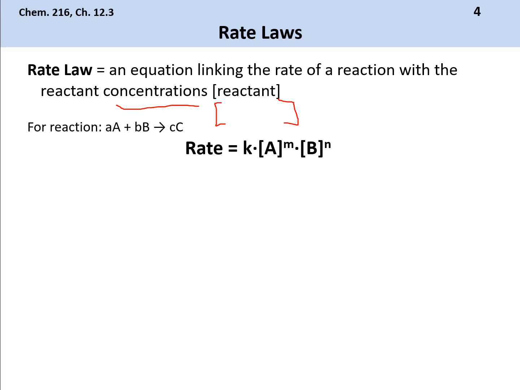If we have a reaction like aA plus bB going to cC, where these can be any compounds, we're just making it generic, the rate law looks like this: my rate of reaction is equal to k times the concentration of compound A to some power m times the concentration of compound B to some power n.